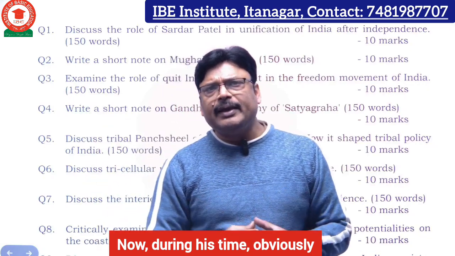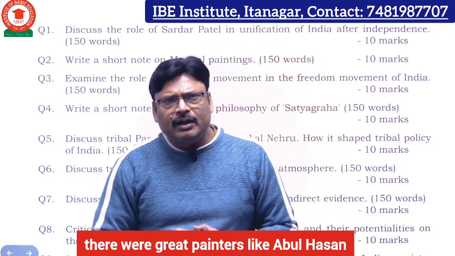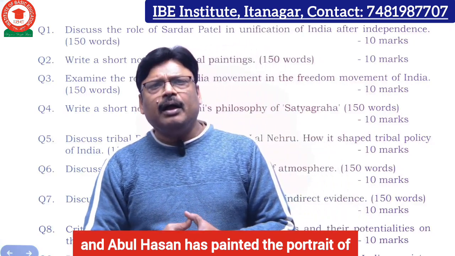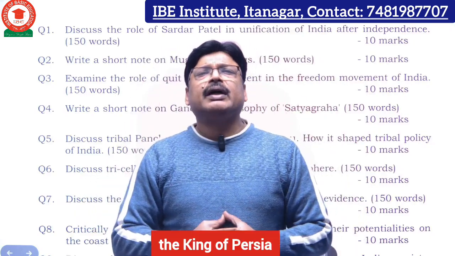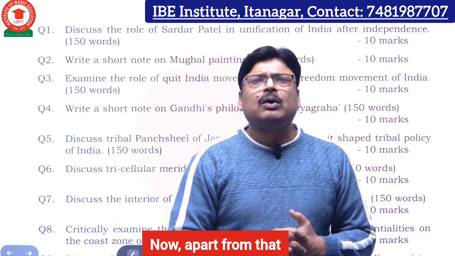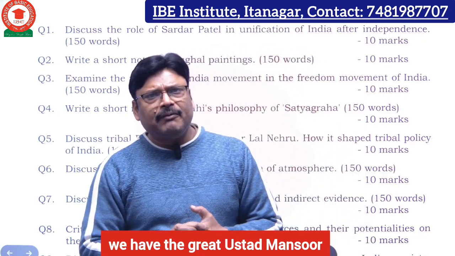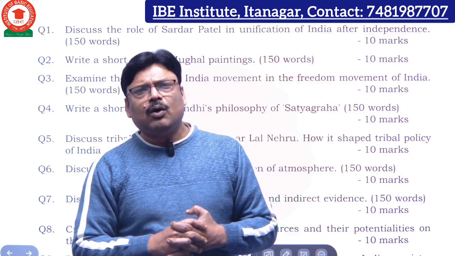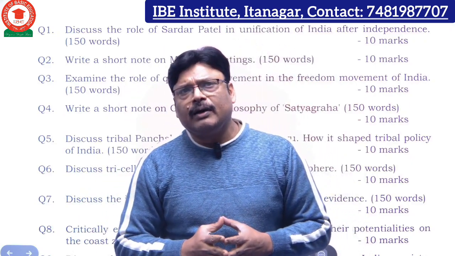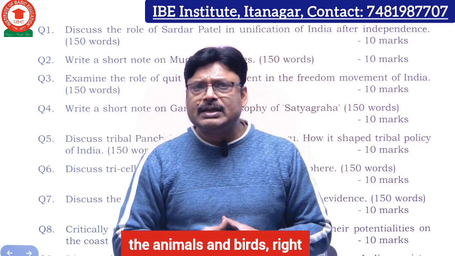During his time, obviously, there were great painters like Abul Hasan, and Abul Hasan painted the portrait of the king of Persia, which is still there in the British Museum. Apart from that, we have the great Ustad Mansur, who was known for painting animals and birds, right?